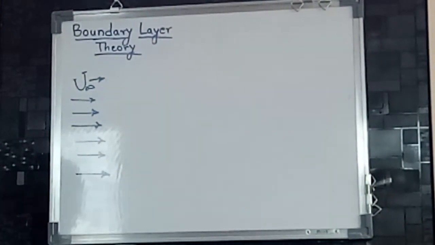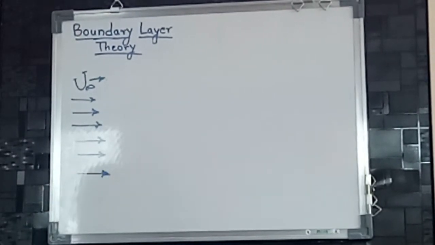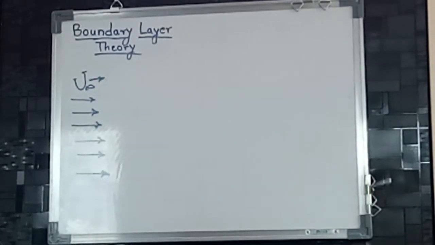Now see, here we'll consider a plate. So boundary layer is that thin layer of fluid in the immediate vicinity of a bounding surface over which the velocity gradient and shear stress are large.